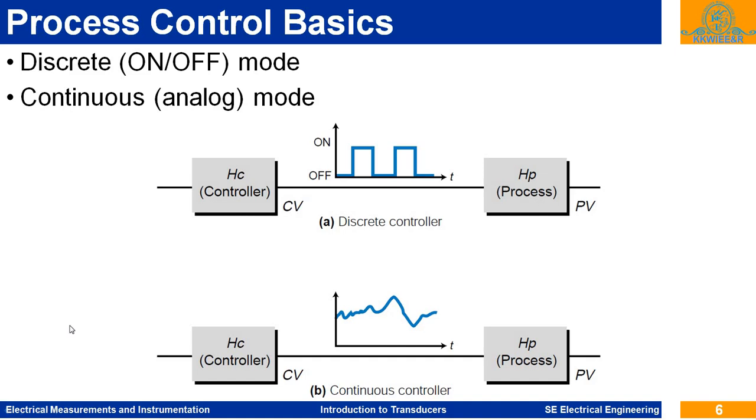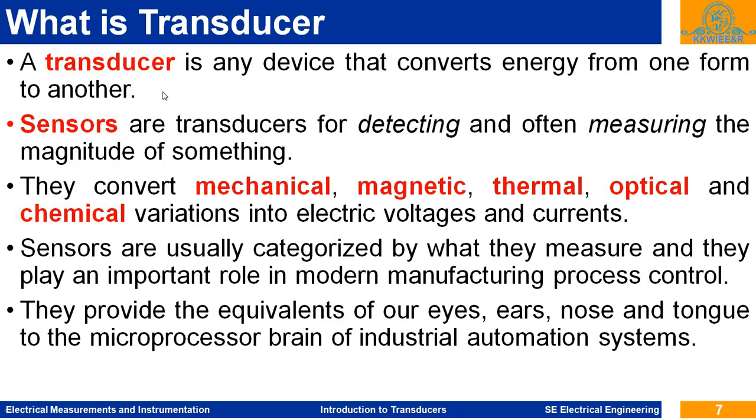So these are the two outputs of the transducers or the sensor. So we'll see what is the transducer. A transducer is any device that converts energy from one form to another.